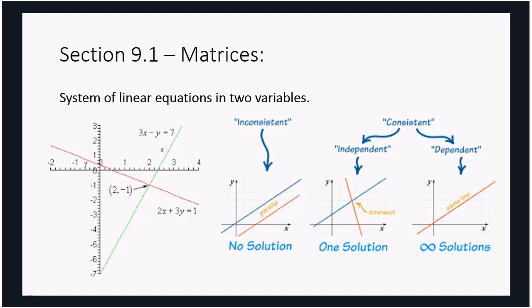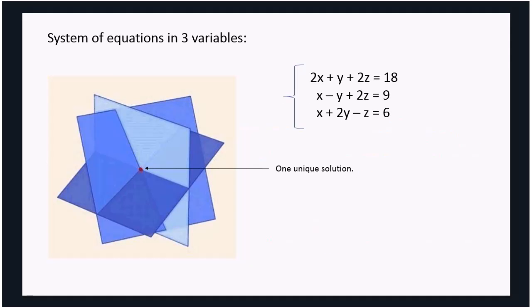What we're moving into is using matrices as a tool to solve systems of linear equations, but this time instead of two variables, we're looking at three variables. With three variables, we have variable x, variable y, and variable z, and instead of these equations graphing a line, now they're graphing a plane.